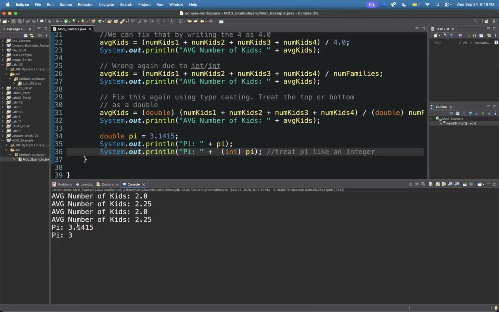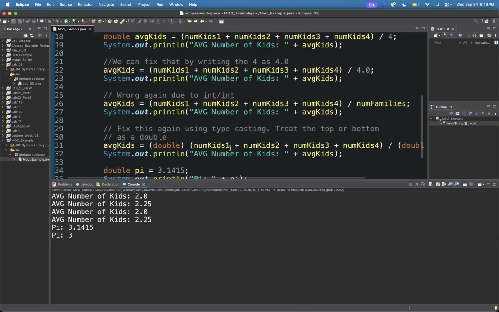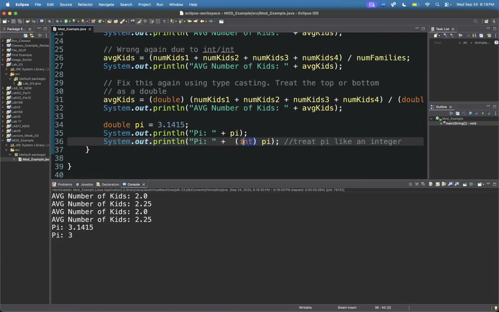You can turn doubles into integers. You just want to be thinking of what these variables are used for, and in rare occurrences, you may need to typecast. The way you do that is simply by putting in parentheses the type that you want to turn it into. So here pi is a double, but I write int next to it, and now it's an integer.